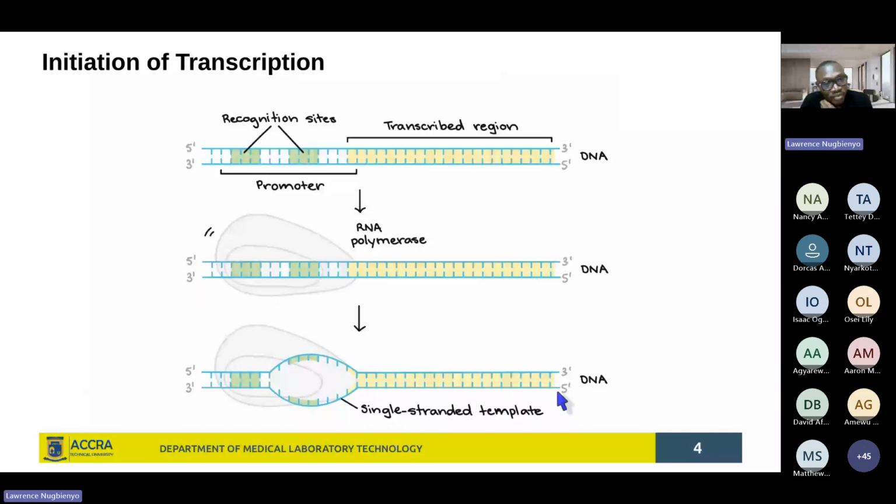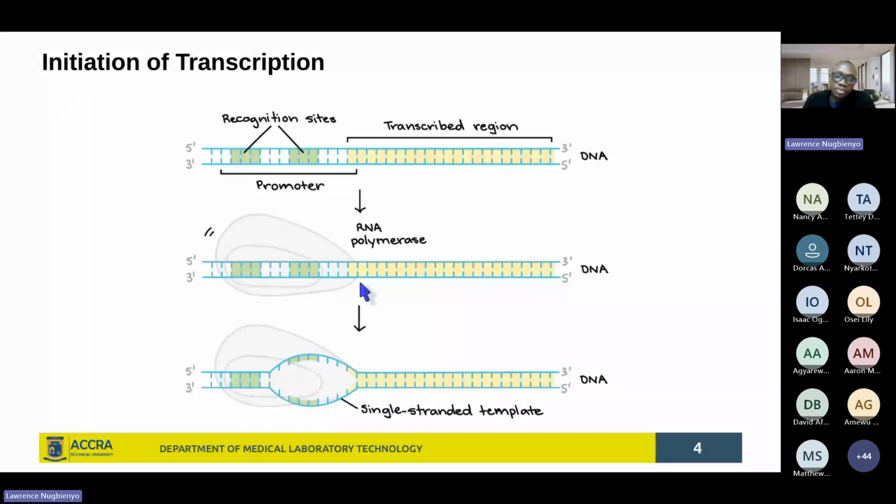But before we do that, let's just look at these processes first, transcription, and then we can go and look at the other animation before we move on to translation, because I think that other animation will be combining transcription and translation together to give you that full process of protein synthesis or gene expression.